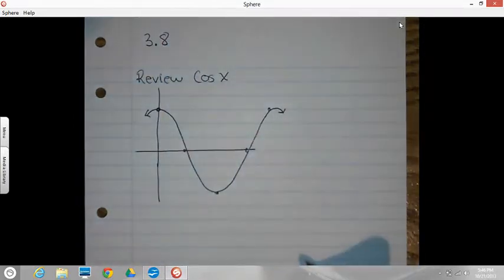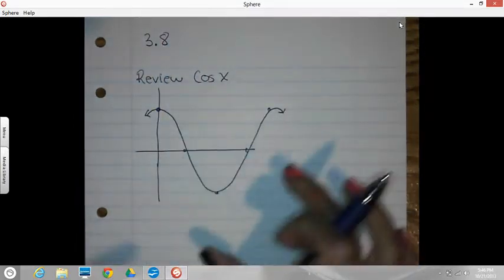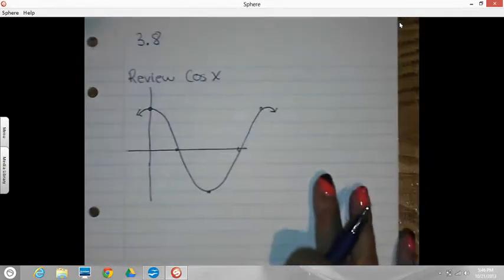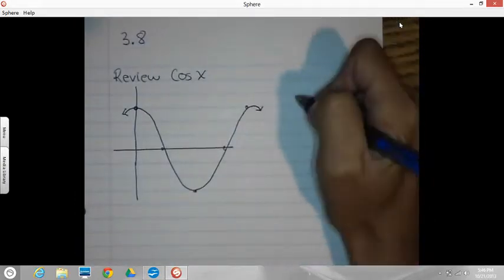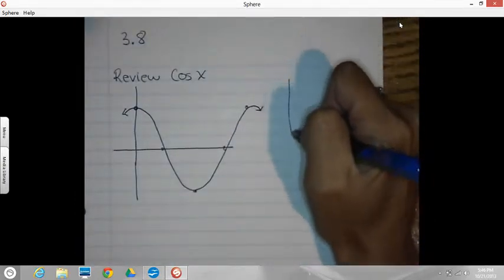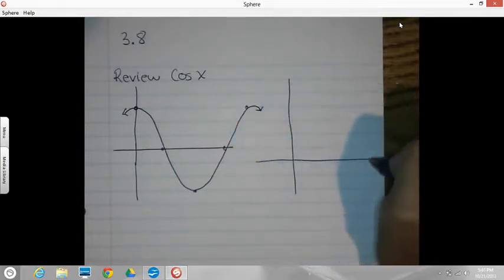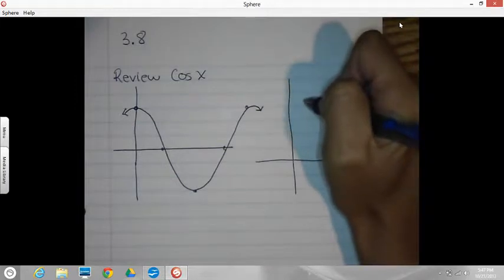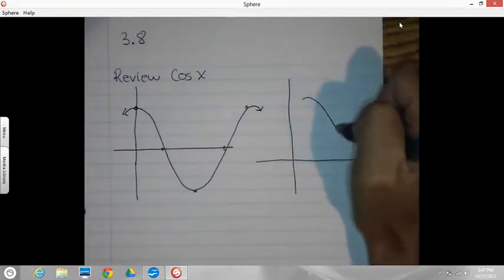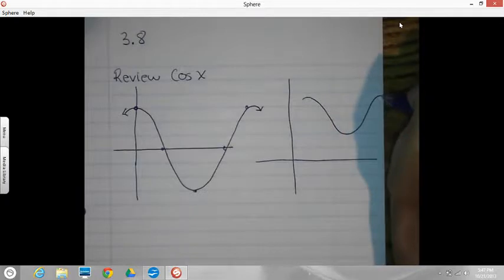Okay, and then all the way through that chapter we started shifting these things around, stretching them out. So if we move the graph, let's move it over here, over and up. Okay, still cosine.